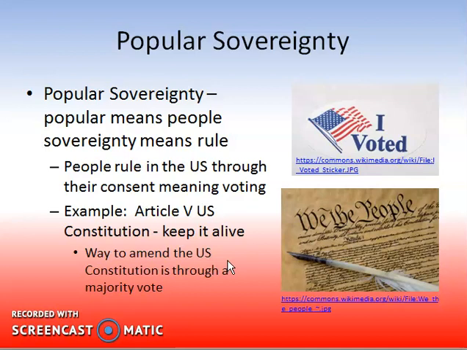So every 2 years, you have the opportunity to do popular sovereignty. But you can also do popular sovereignty through other things, like answering a public opinion poll. A poll is a political survey. So when politicians are asking you for your opinion, that is you telling them how you want them to vote, how you want them to actually make those decisions for us.